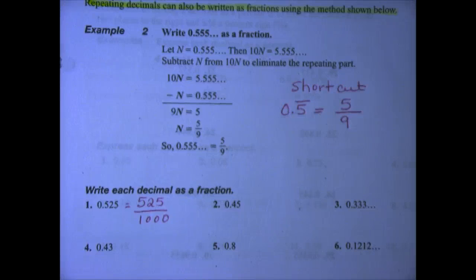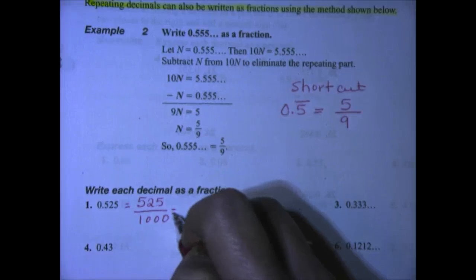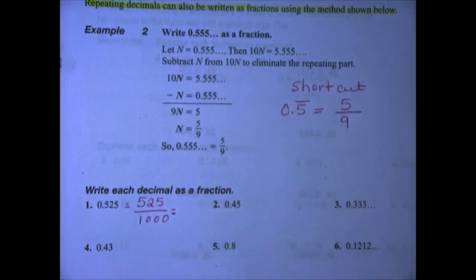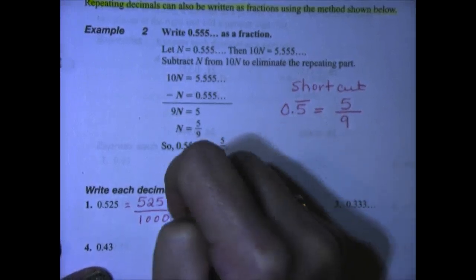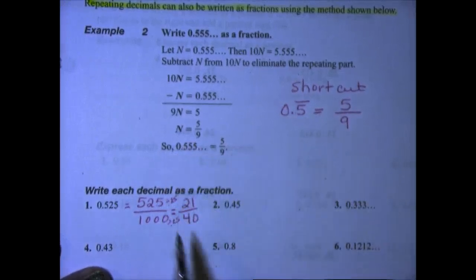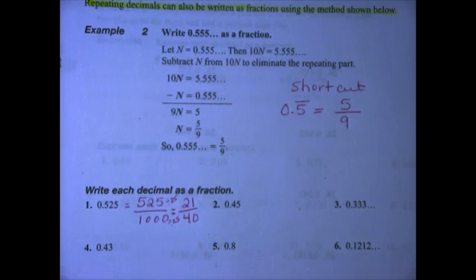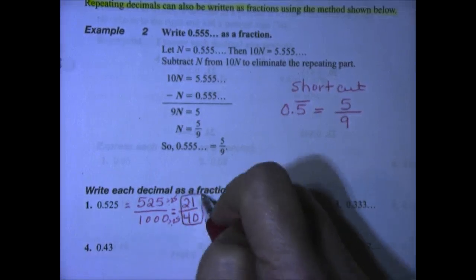To simplify it, we could divide by 25, and 525 over 1000, simplified by dividing by 25, is going to become 21 over 40. So that's in simplest form. Now, you may not have known to divide the numerator and the denominator by 25, so you may have divided by 5 and continued to divide until you got it down to its simplest form.